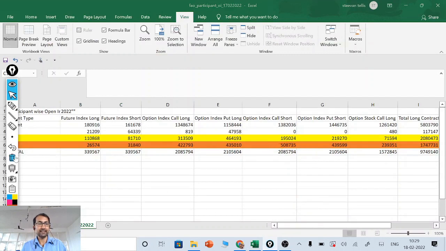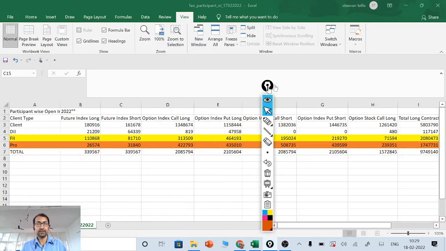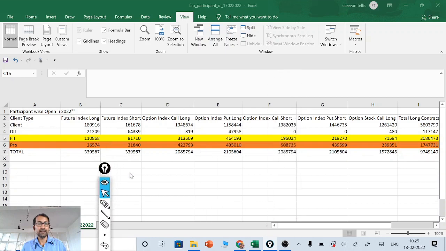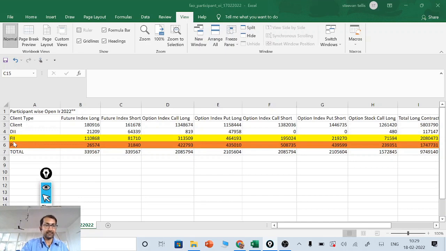So you can see here from the FII and DII statistics, what is the FIIs' position in index? They are long in index.